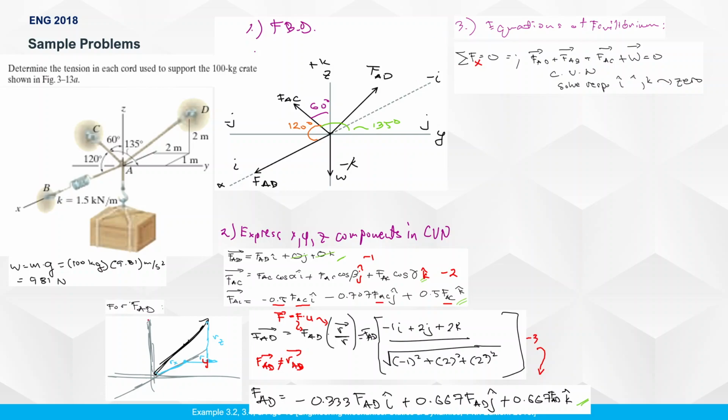This is a different one. So remember that summation of all forces is equal to 0. That includes the weight, that's a force. So the summation of force vectors FAD, FAB, FAC, and weight is equal to 0.